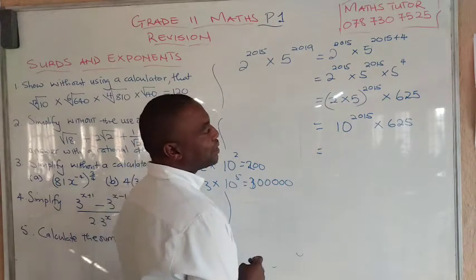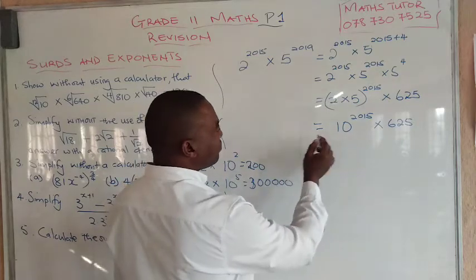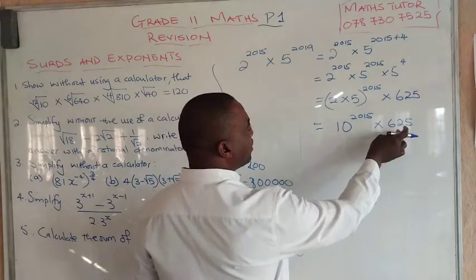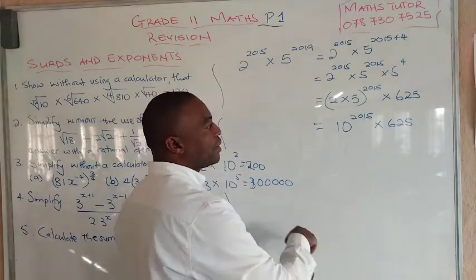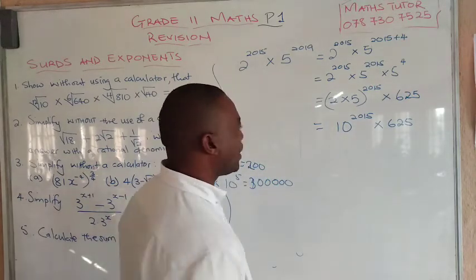So the question is asking for the sum. That would mean the first 3 digits will be 625, and after 625 will be zeros. How many of them? 2015.